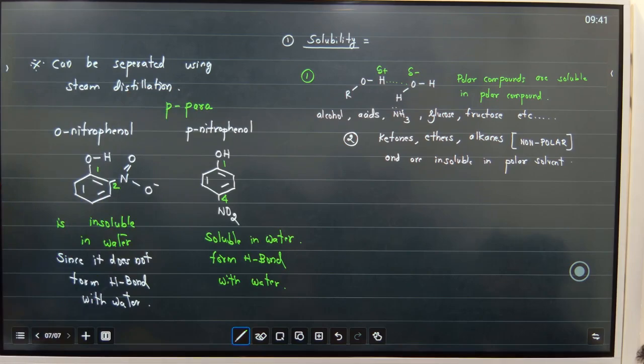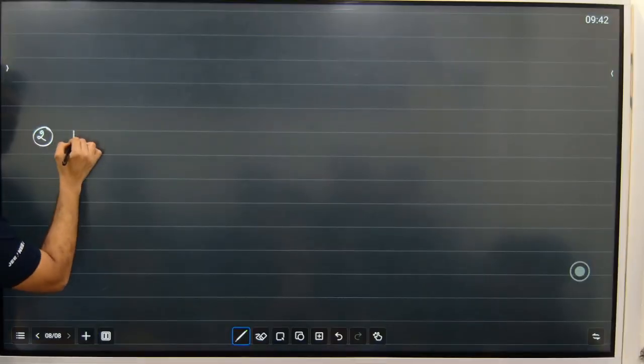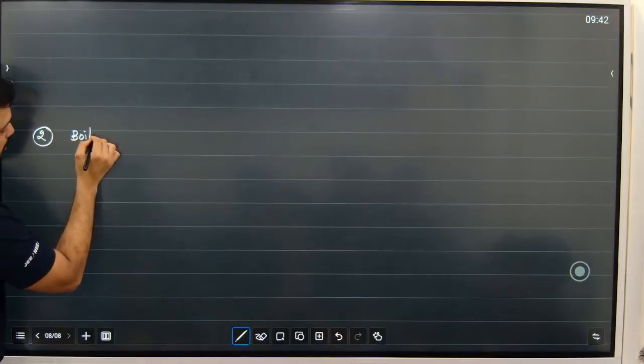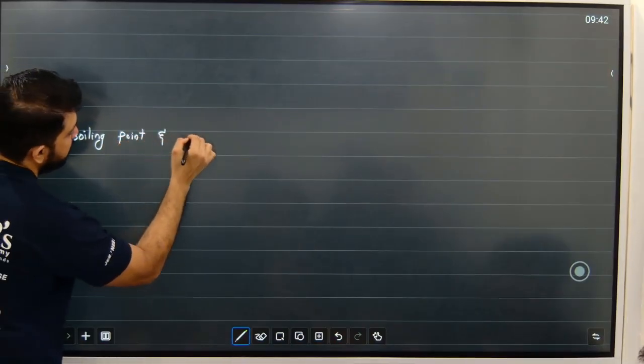So the first point that you need to remember is solubility. The second point that we have, we had discussed a little already, is boiling point and melting point.